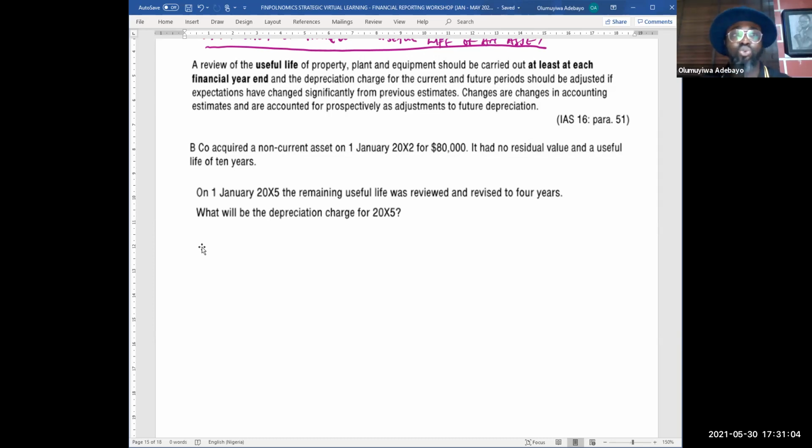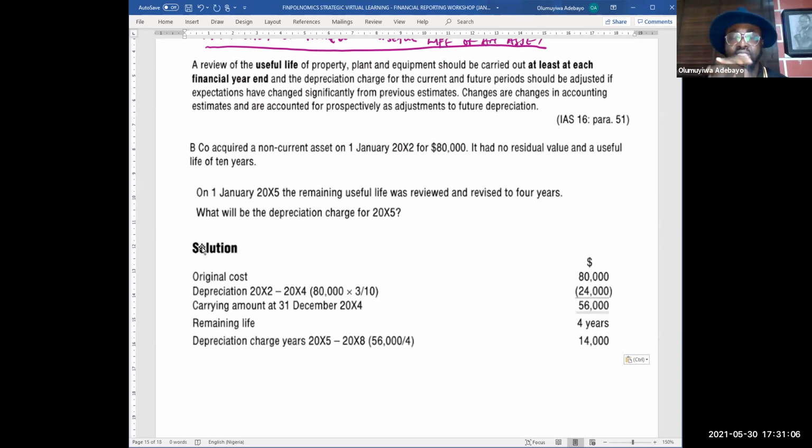Going forward, your depreciation for the next 4 years will be 14,000 as against 8,000 for each year.